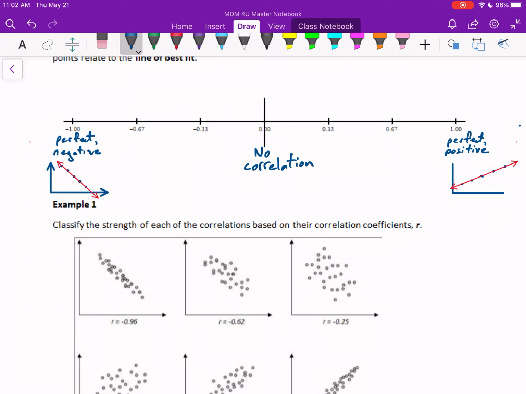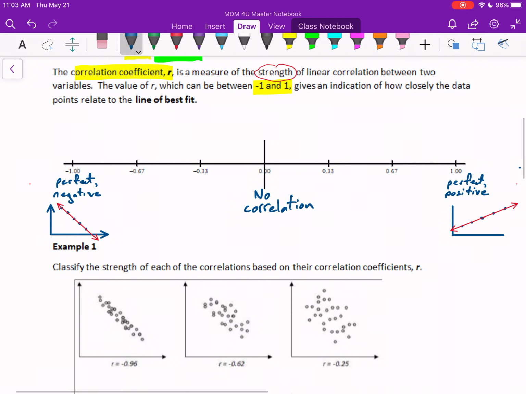So just to pick some random ideas that come to my mind, if I was to do a scatter plot of the various heights of people at Uxbridge Secondary School and compare them to a random sample of people's income in Bangladesh, I would not expect to see some relationship between those two things. There's nothing whatsoever. They're different countries, they're different measurements, there's no reason to have any correlation between them. I would expect to have a correlation value, an R value, somewhere near 0.